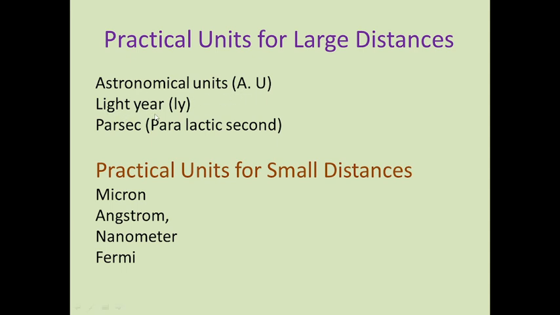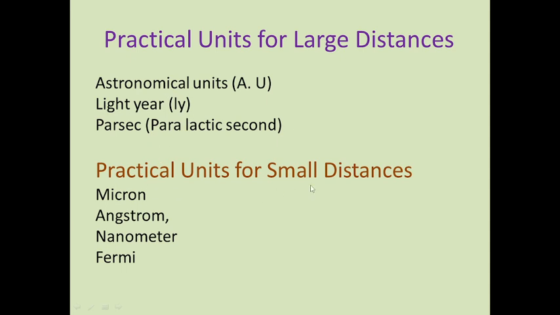Light year and parsec give the distances between celestial bodies. These are all related to measurement in space, like planets, stars, whatever objects we see in space or sky.